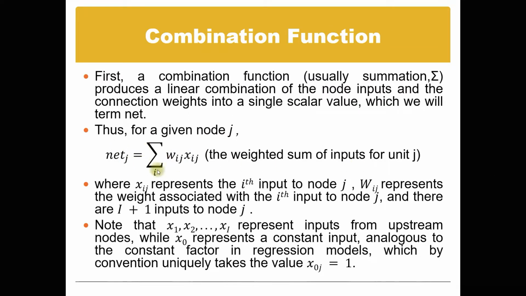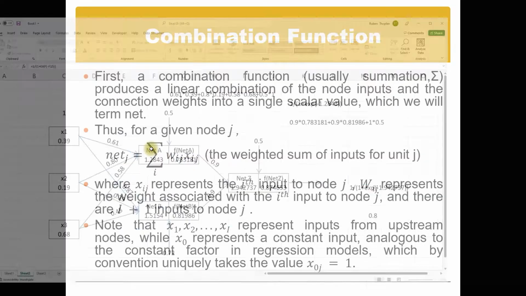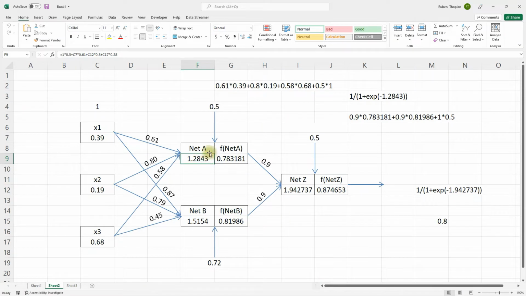The net j value is the sum of w_ij x_ij. And this is what we did here: net j, net a, this is net b, this is net z, and this is what we did in the previous video. So please refer to the previous video to understand how we computed these values. These are the values that are going to be used as input for sigma net A.